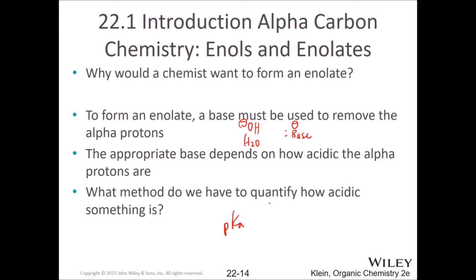It's pKa tables, really. How do we quantify? Well, we look it up in a table, a pKa table. The pKa table is just a bunch of structures and numbers, but it's hugely powerful. It tells us tons of information.